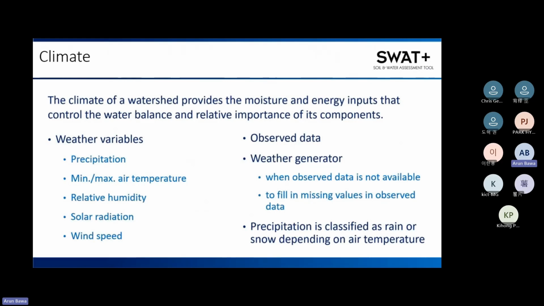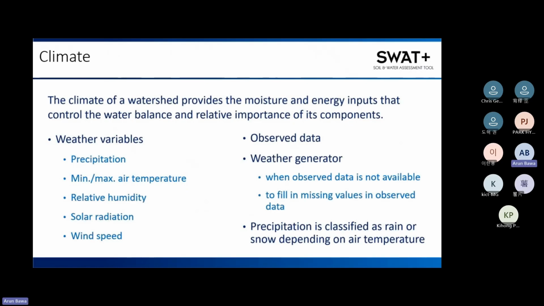So let's talk about climate. In SWAT, you can provide five inputs: precipitation, minimum and maximum temperature, relative humidity, solar radiation, and wind speed. You have to provide these at the daily scale. Even if you want your outputs at monthly or annual scale, SWAT itself has to run at the daily scale.